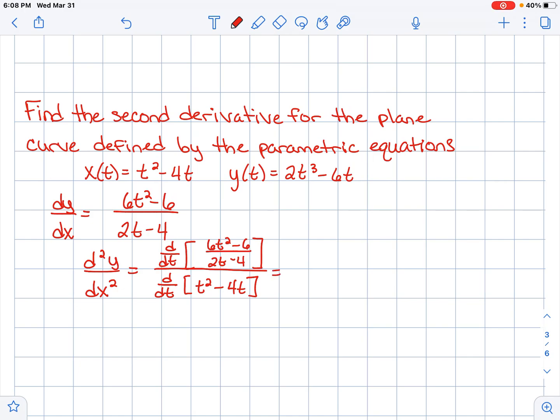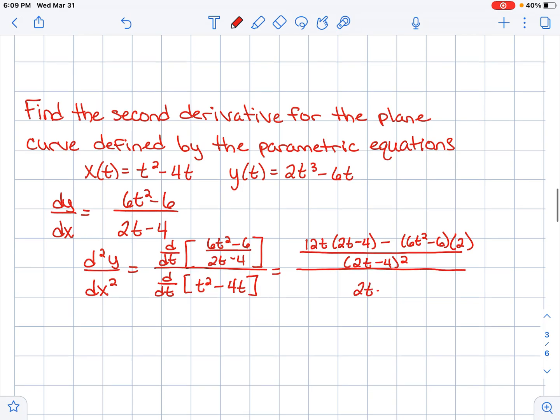Notice I said get to. So we're going to use the quotient rule in the numerator. That would be 12t times the denominator without changing it, minus 6t squared, so the numerator without changing times the derivative of the denominator, which is 2, all over the denominator squared. And then x prime of t would be 2t minus 4.